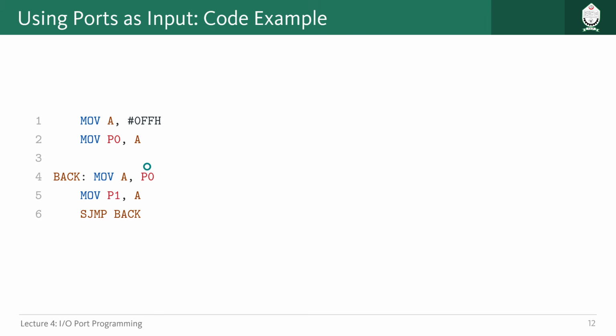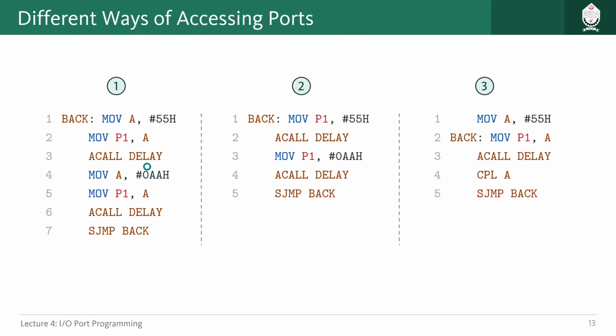Now let us look at some other examples. There are different ways to access our ports. The most common approach is this one. I think we have seen multiple examples like that. What we are doing is complementing the bits of our ports with the help of 55H. 55H and AAH are basically complements of each other in terms of bits.